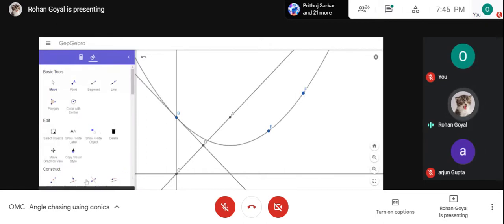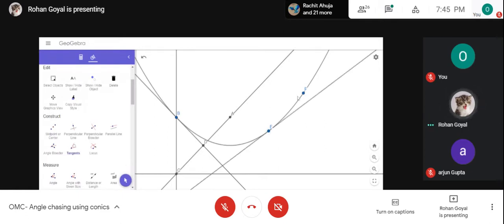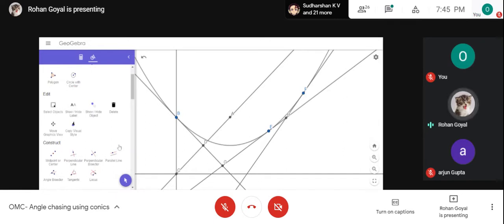Now let me take two other points and again make tangents there. Let's say these two meet here and these two meet here. You get GHI for a triangle, right?